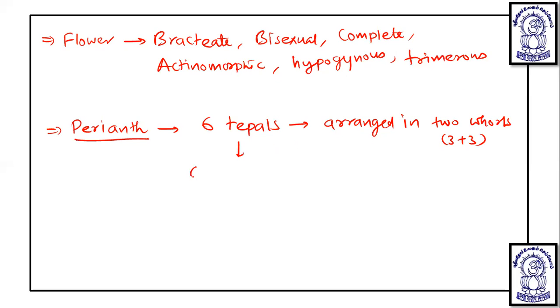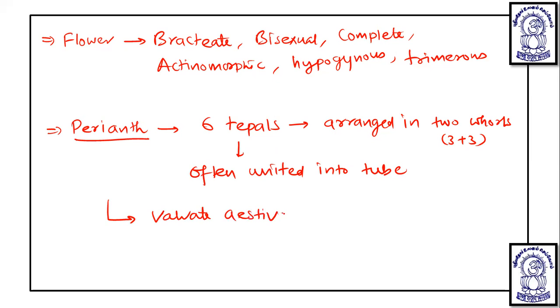These six tepals are often united into a tube-like structure, and they show valvate aestivation. Okay, so that is about the perianth.